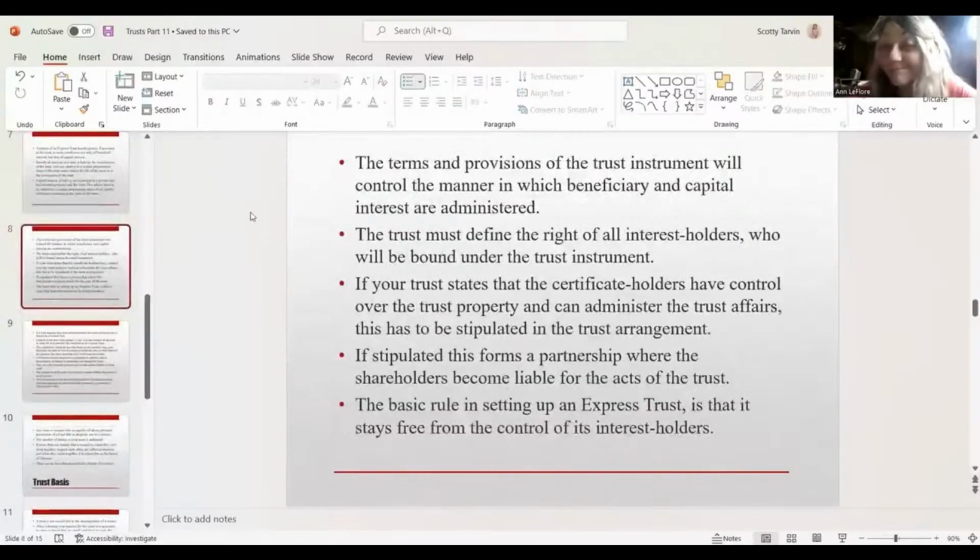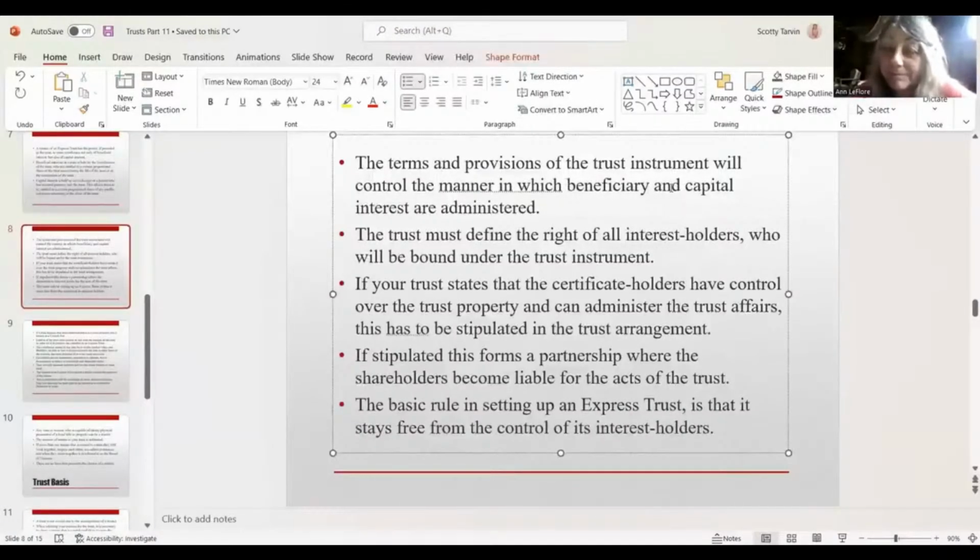Panel 8. The terms and provisions of the trust instrument will control the manner in which beneficiary and capital interest are administered. It really is beneficiary interest, because that's what the certificate is.